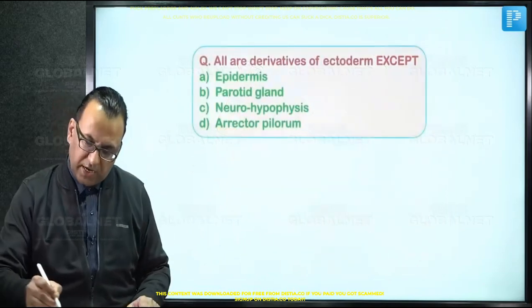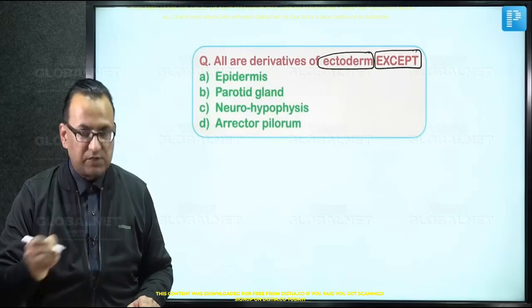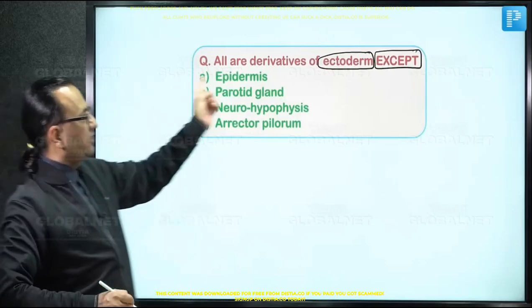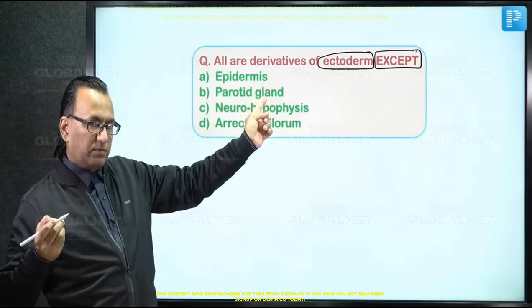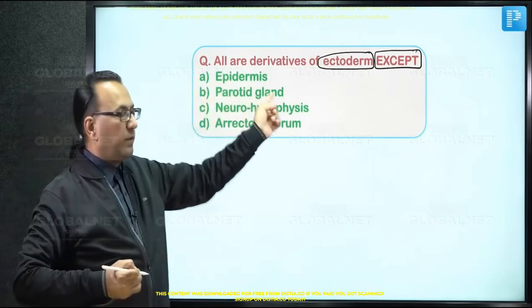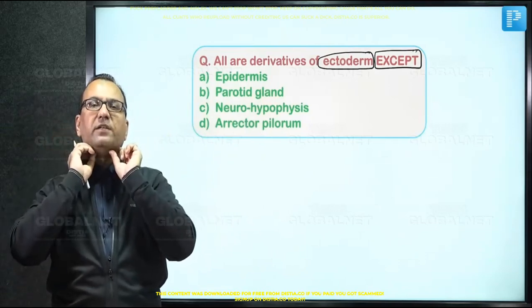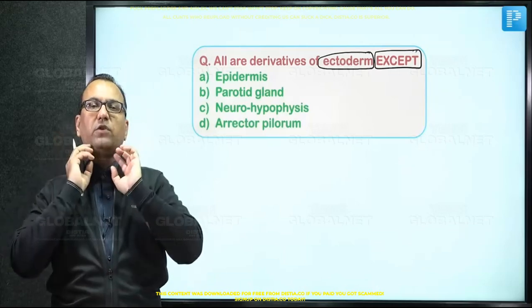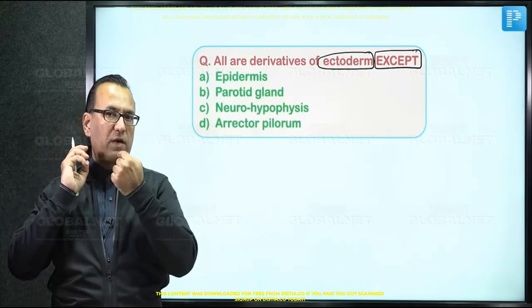This question is asking us about the derivatives of ectoderm and the exception. As we have mentioned, the skin epithelium, epidermis, is coming from surface ectoderm. So this cannot be the exception. Even the salivary glands, may it be the parotid salivary gland or sublingual submandibular salivary gland, they are coming from the surface ectoderm lining the oral cavity, the stomoderm. So even that could not be the answer.